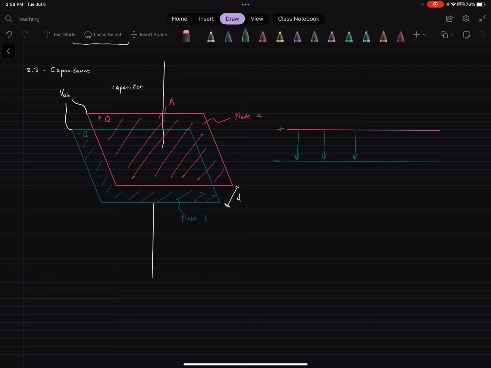Same exact stuff we've been talking about. I bet you were expecting a capacitor to turn into some very complex thing, but at its most simple form, that's all it is. So that's called a parallel plate capacitor.